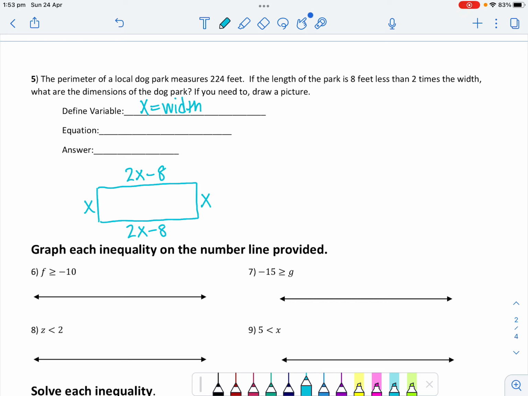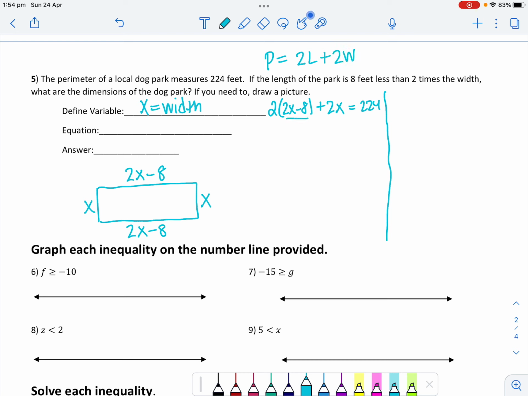And then depending on how you choose to view these problems, you can write 2 different equations. So I will write them both, depending on which one you decided to do. You could do 2 times (2X minus 8) plus 2X equals 224. That is using the perimeter formula: perimeter equals 2 times the length plus 2 times the width.